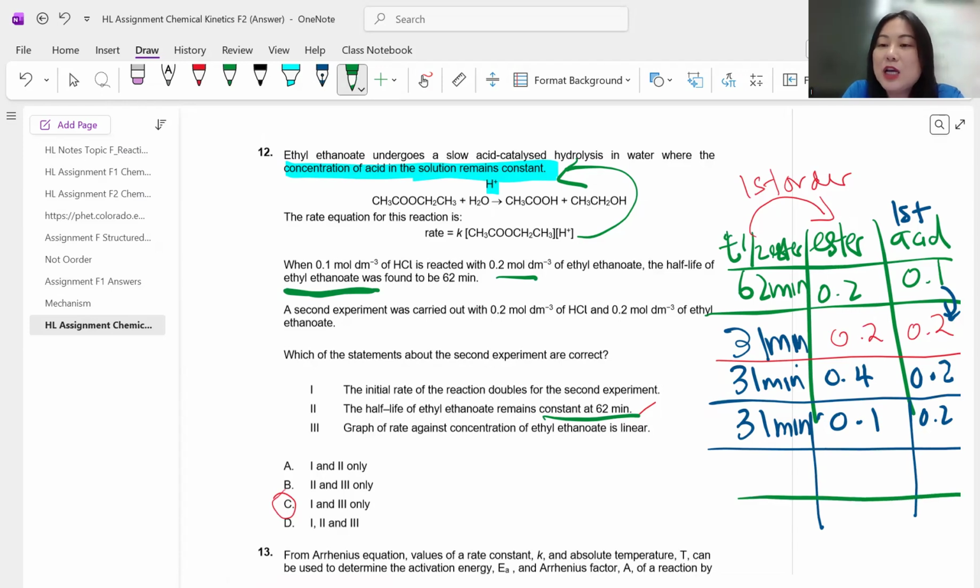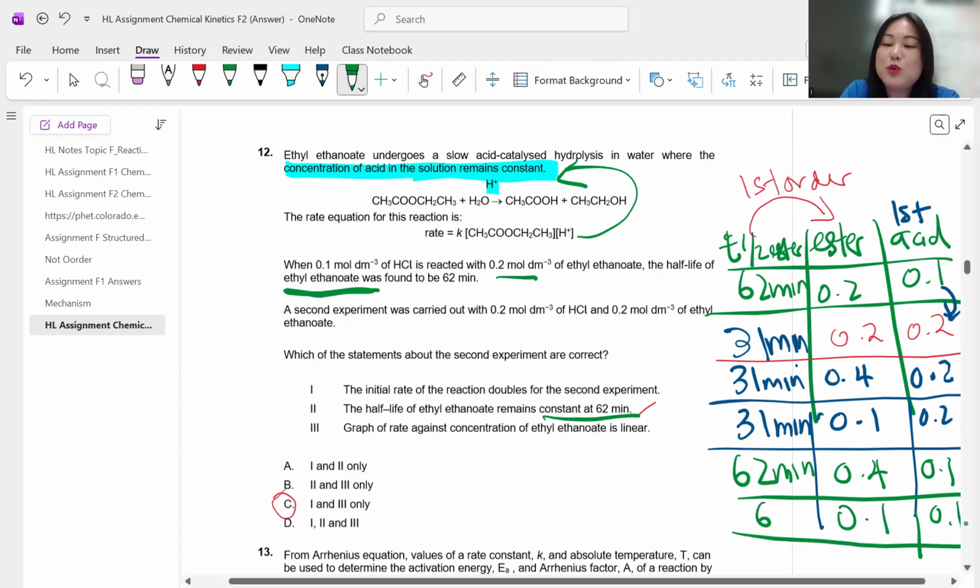If I did not change the acid, but I changed the ester to 0.4, the time will be 62 for half-life with respect to ester. So if I did not change the acid and I reduce the ester from 0.2 to 0.1, the half-life will still be 62. Okay, I hope you get it.